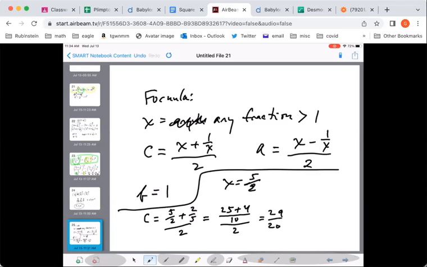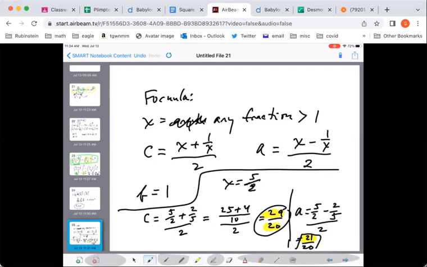That 29 and 20 are actually two of the numbers in the Pythagorean triple, but let's also do the A. A is 5/2 minus 2/5 over 2, which turns into 21 over 20. At this point, I permit you to just take the three numbers you see and say that's the answer. 20, 21, 29 is the Pythagorean triple.